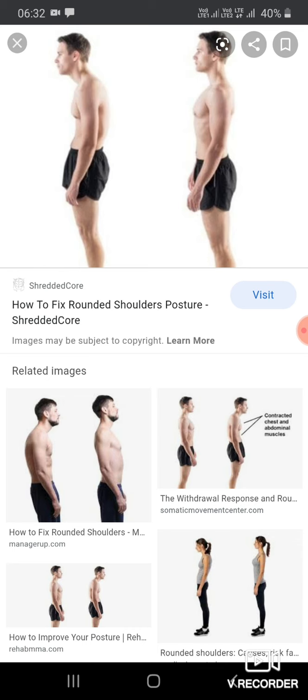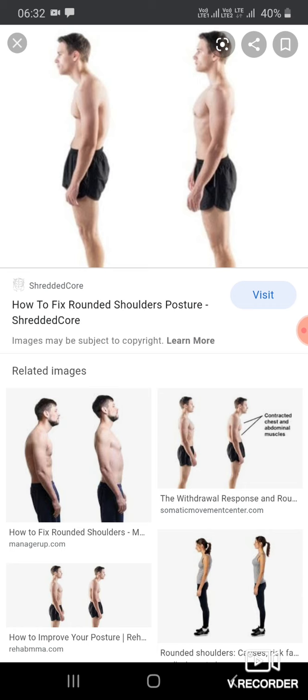If you practice a right posture, correct posture or Tadasana, and you walk and stand in a correct posture, then it is removed. This is a habit, not a deformity.